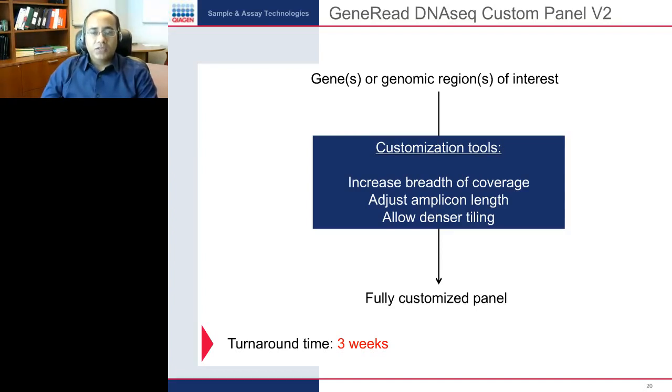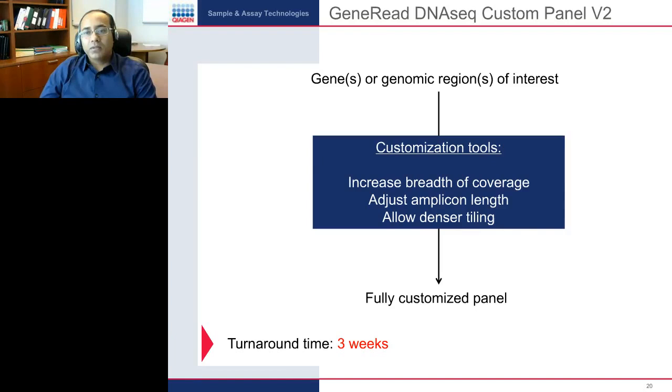It provides you the flexibility to select any gene, any genomic region or any set of genes, and also to adjust the amplicon length as well as the tiling density of your amplicons. At the end, you will have a fully customized gene panel, and the turnaround time is still very fast. You can get the fully customized gene panel within 3 weeks after placing the order.